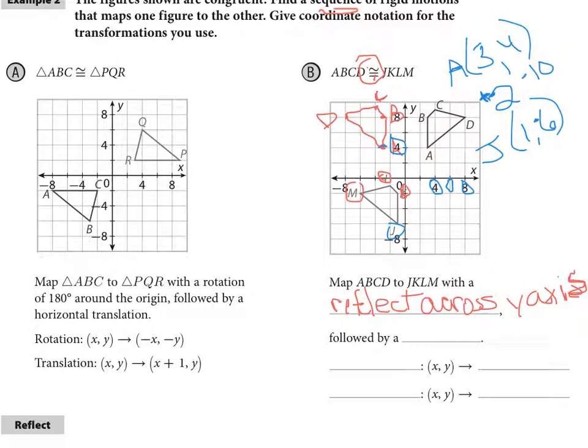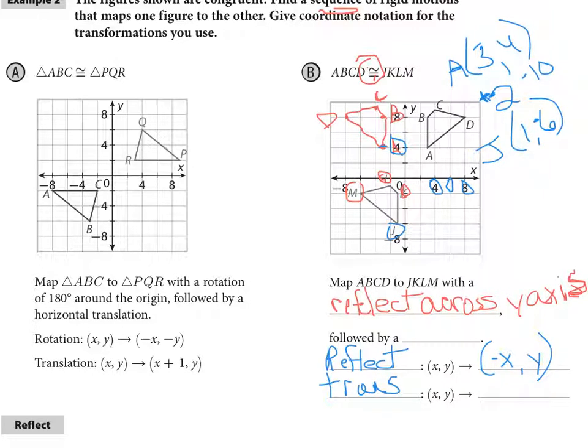So the translation down here, we're going to write reflect, and the rule is (-x, y), and then we're going to write translation.